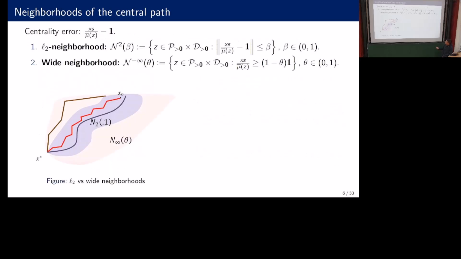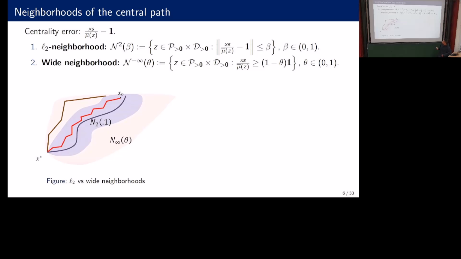But in order to formally describe closeness to the central path, I need to introduce the following well-known neighborhoods around the central path. First, let me denote the centrality error by the Hadamard product, which is the direct product of the primal and dual vectors divided by their duality gap, minus the all-ones vector. As you can see, if the centrality error is small, then xs is close to the duality gap times the all-ones vector, which means it is close to the central path.